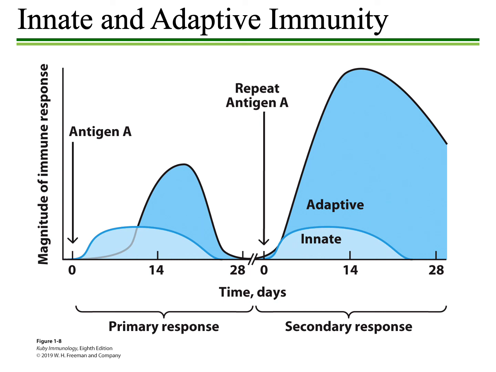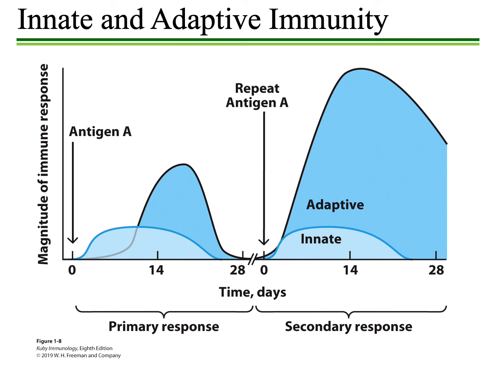This graph is meant to drive home the point of how important the adaptive immune response is for repeat exposure to a given pathogen. What you're looking at along the x-axis is the time in days of exposure to a particular pathogen, as well as the response that occurs.